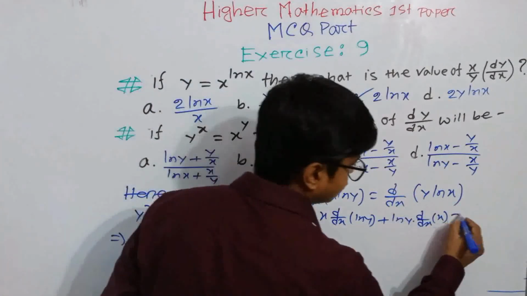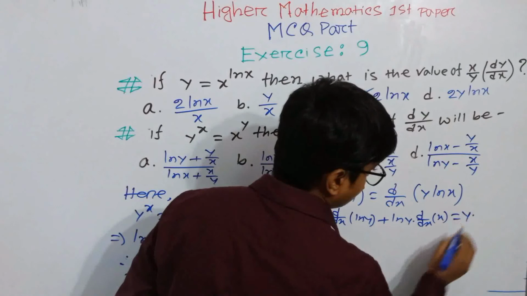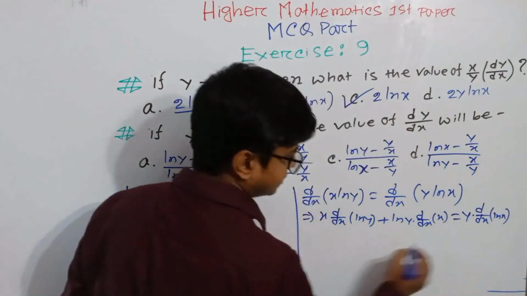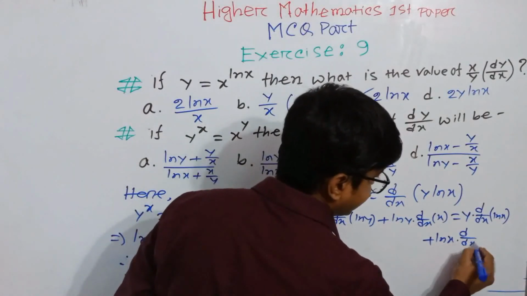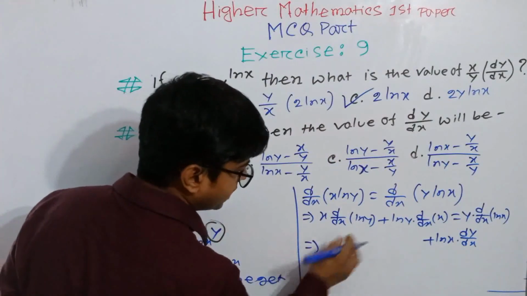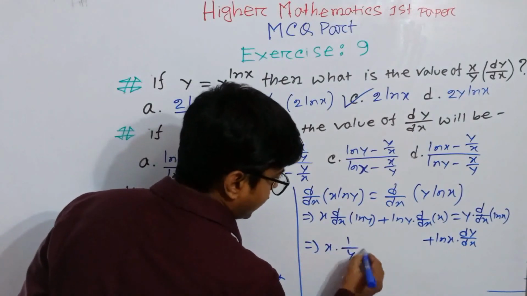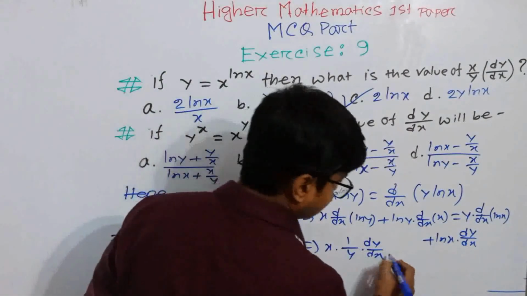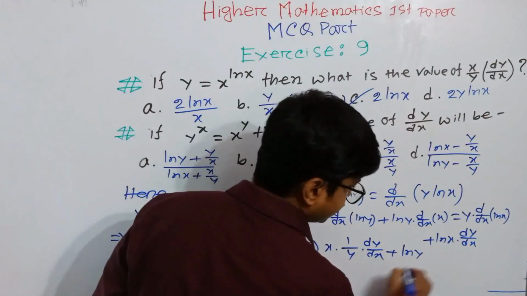And for the other part, same procedure, we can write y into d/dx of ln x plus ln x into d/dx of y. After calculation, it will be x into 1 by y into dy/dx, plus d/dx of x is 1, so it will be ln y.